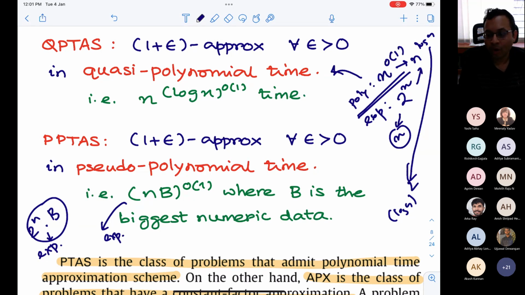So for some problems, you may know that B is small, maybe the cost is only up to 1 to 10. Then B is already a constant, and pseudo-polynomial is good because it's just a polynomial. Whereas for other problems, if you have 2 to the power n times B, that's exponential. There, even if B is constant, it's still exponential.